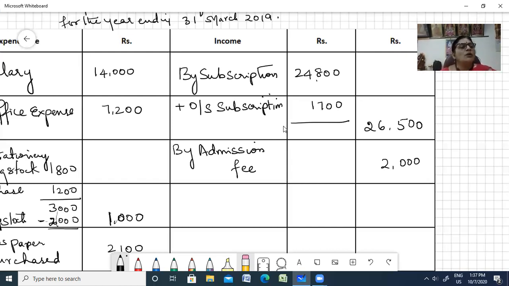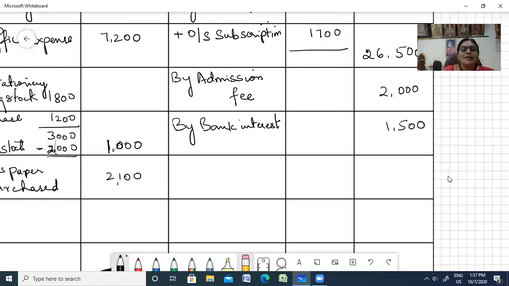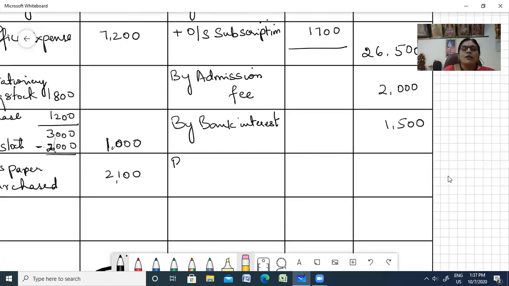Then you have your bank interest. In the payment side, you have bank interest, 1,500. Fine. Then you have by sale of newspapers. When you sell, you get some income, isn't it? So by sale of old newspaper.